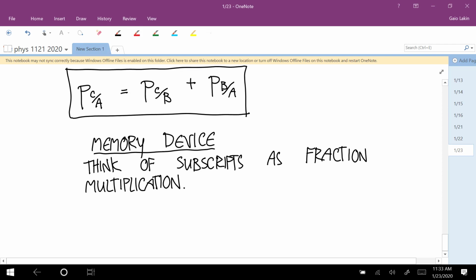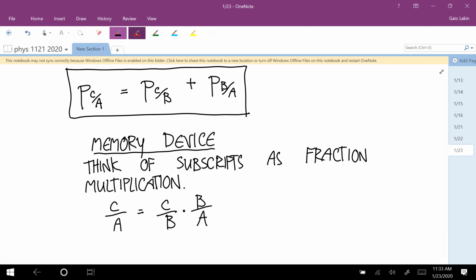Then the order of the subscripts is right when the fraction multiplication works out. So what I have here is C over A is equal to C over B times B over A. The B's cancel. And so you know that you have this in the right order. Okay, any questions about that?